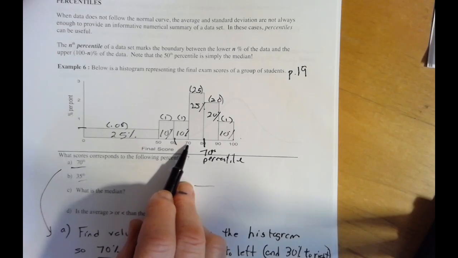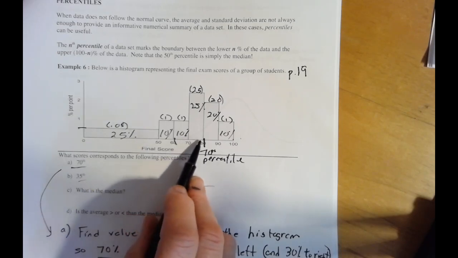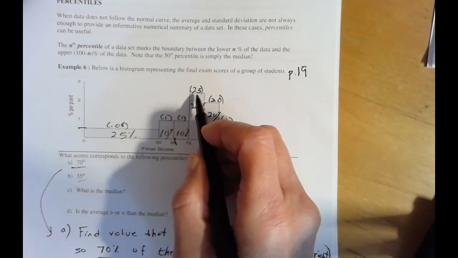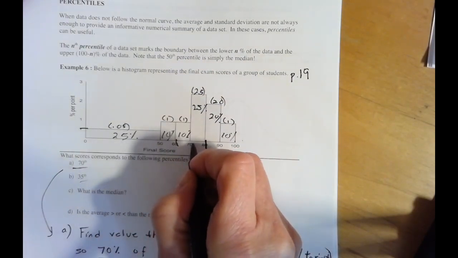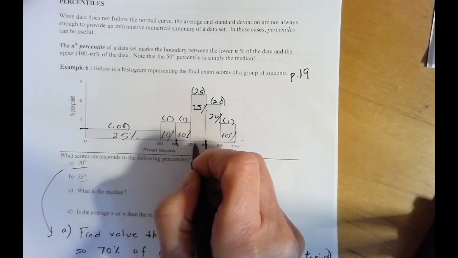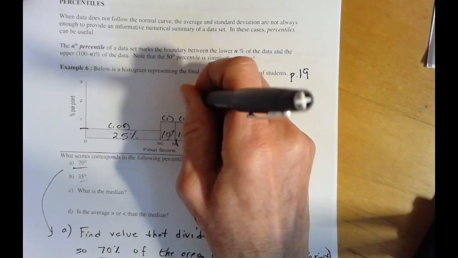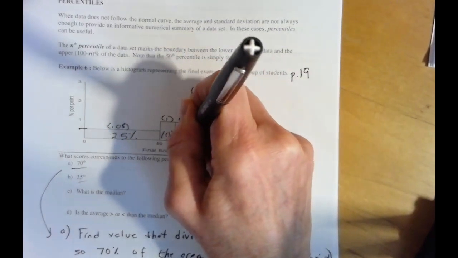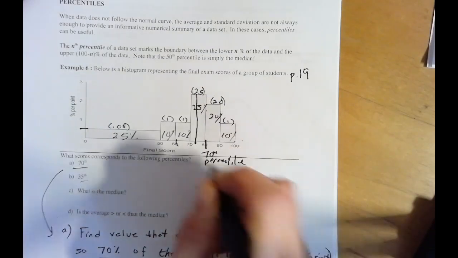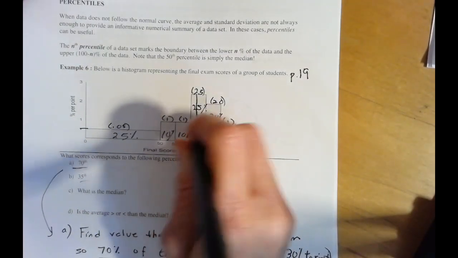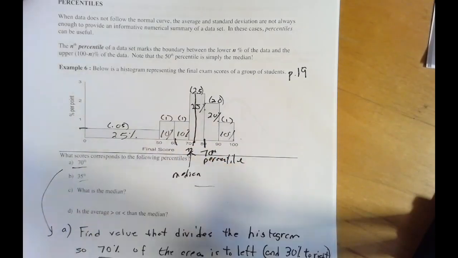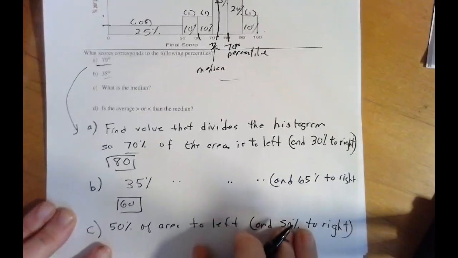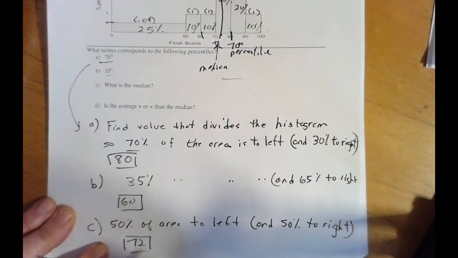So we want 5 more percent. We want to cut into this block and get 5% out of here. And this 2.5 says that each unit will give us 2.5%. So if we go over to 71, we get 2.5. And if we go over another unit to 72, we'll get the 5%. So right here at 72 is the median. That is the median. So we can write that down. 72 is our answer.